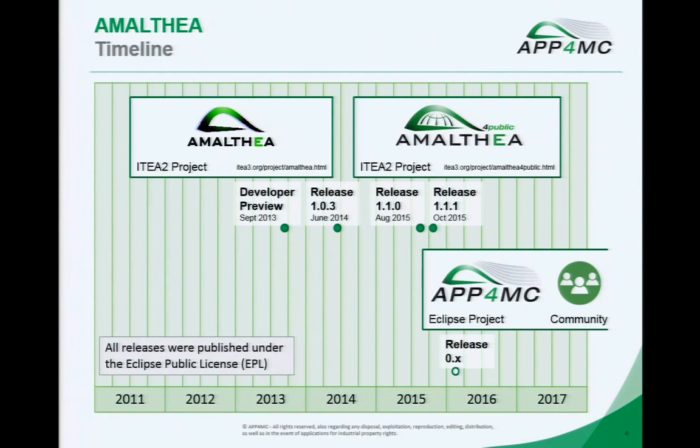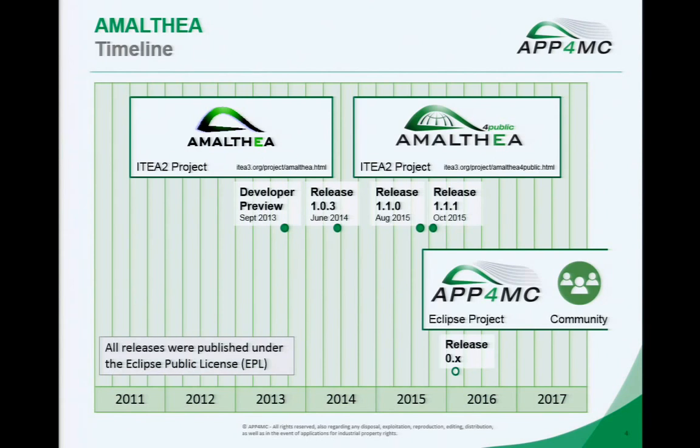So we continued in that release cycle. So we also released in the new project now 2 releases, 1.1 and a maintenance release now in October. And the goal now, the goal of the second project, AMALTHEA4public, is to establish a community to make it as stable as possible, so that this topic can continue even after the end of the publicly funded European projects.